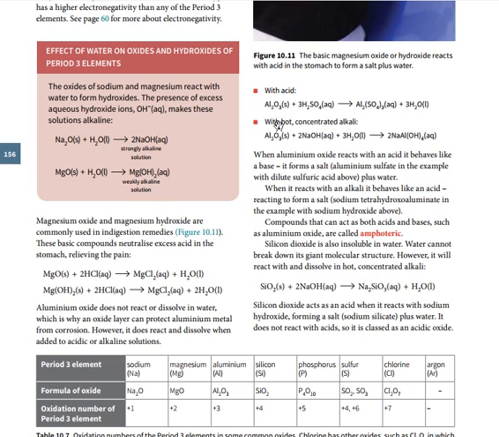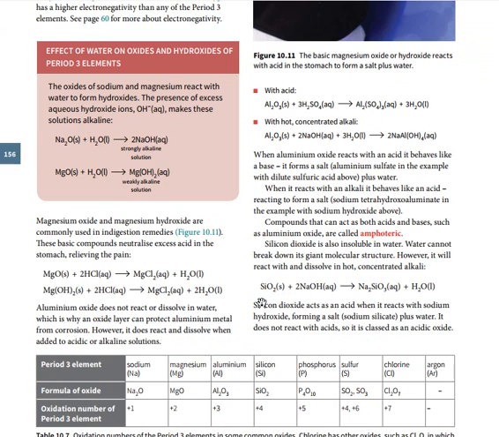And it can react with hot concentrated alkali. When it reacts with hot concentrated alkali, it produces the complex ion of aluminium tetrahydroxide, so this is sodium aluminum tetrahydroxide. That's the complex ion.